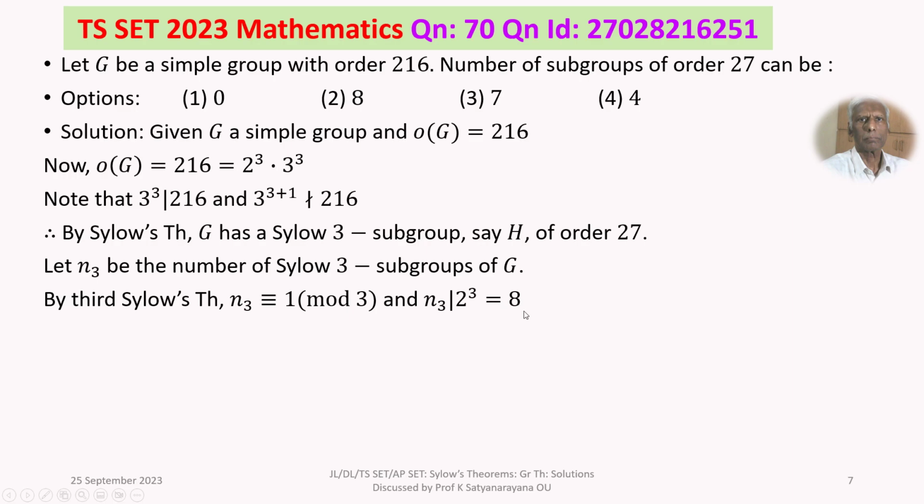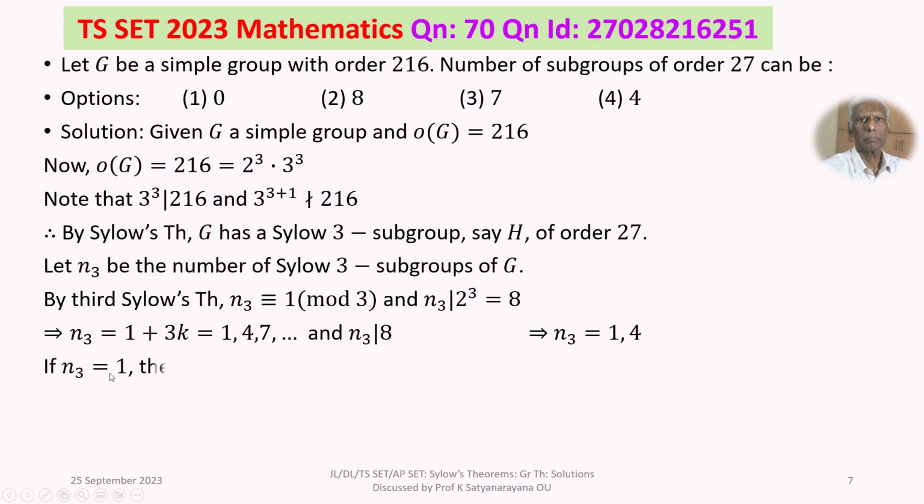So 2 cube, that is 8. n3 is 1 plus 3k, so n3 may be 1, 4, 7, etc. And n3 divides 8. Both of these conditions must be satisfied. Then n3 is equal to 1 or 4.